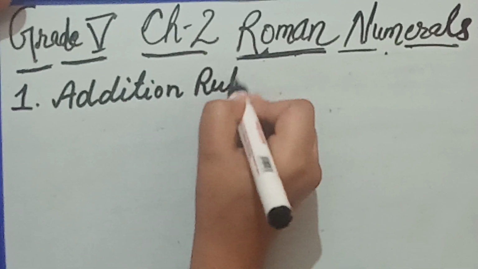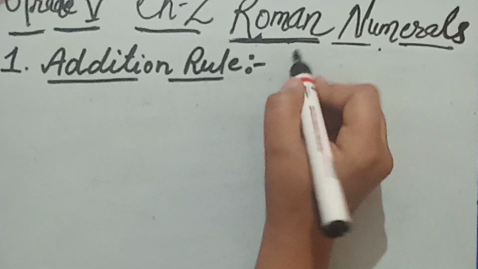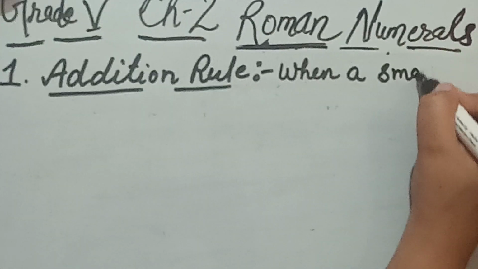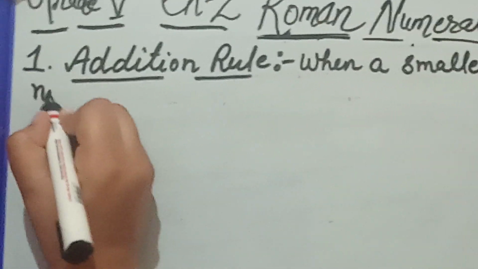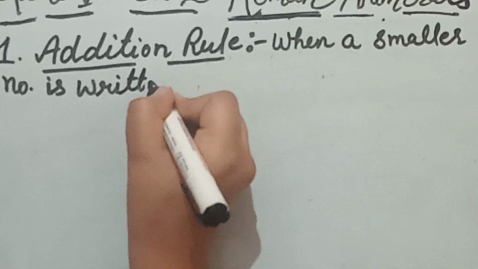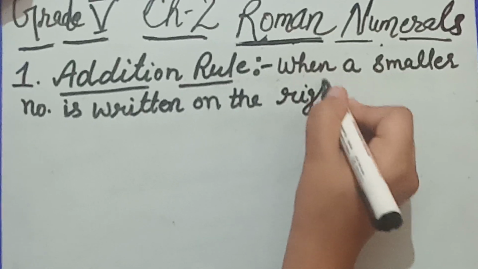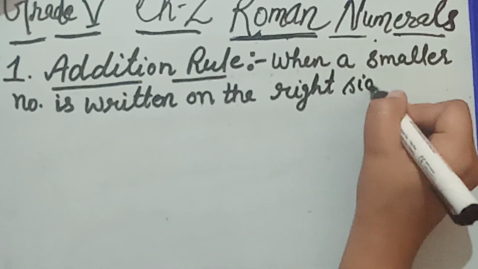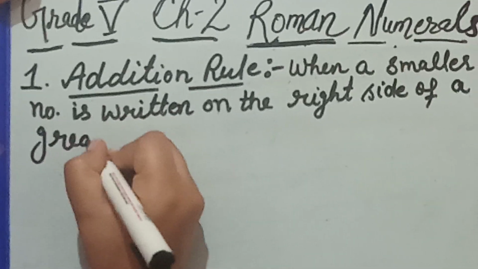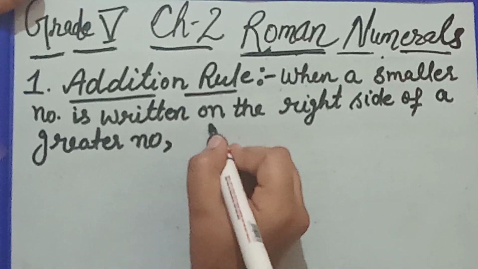rule. First rule is addition rule, and this rule says when a smaller number is written on the right side of a greater number, then what we have to do?